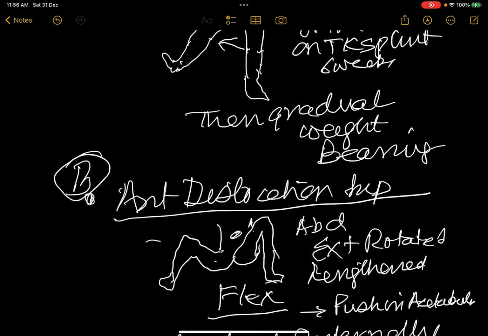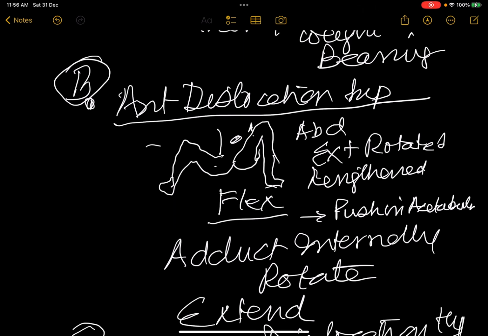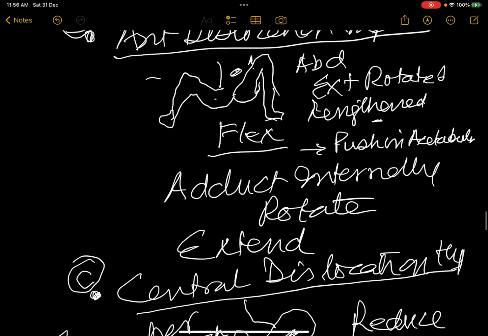In an anterior dislocation of the hip, you have the abduction, external rotation deformity. You flex it, there's lengthening, you push the head back into the acetabulum, you adduct and internally rotate and extend, and you plaster the limb in that position.